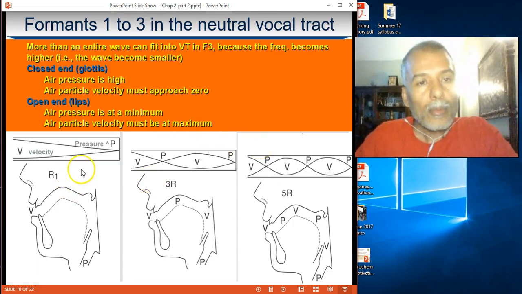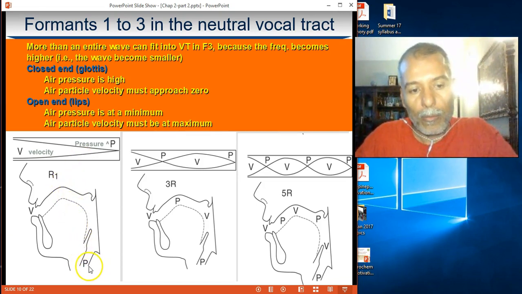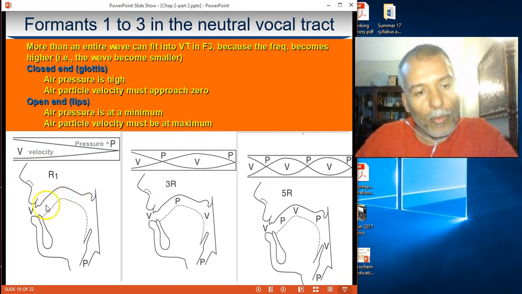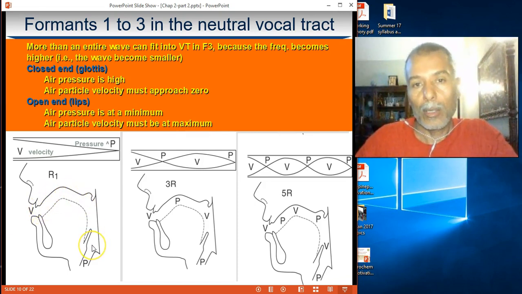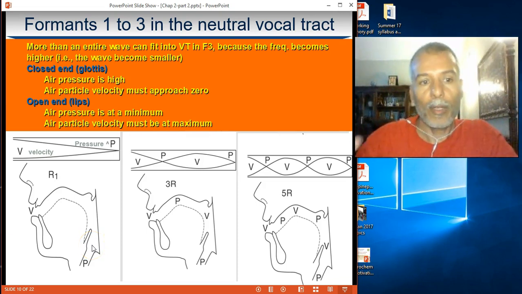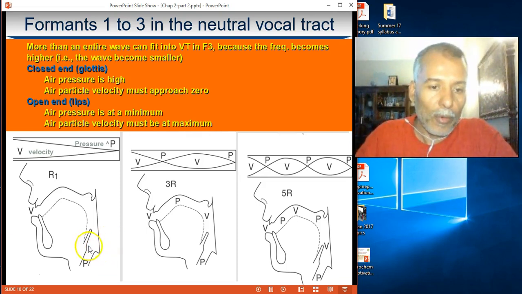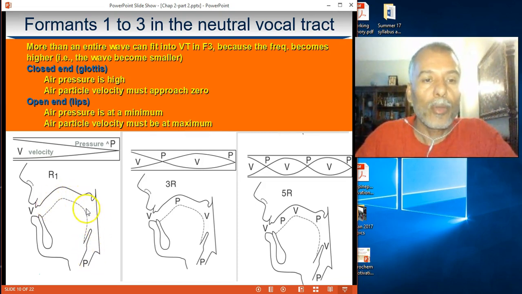So, first formant means the vocal folds make a buzz, and then the first time that the air inside of the vocal tract is going to resonate, of course, is when it reaches 500. Because that is the vocal tract resonant frequency.